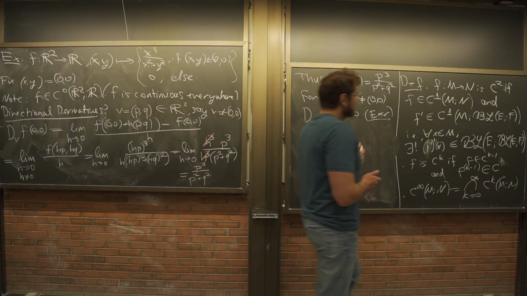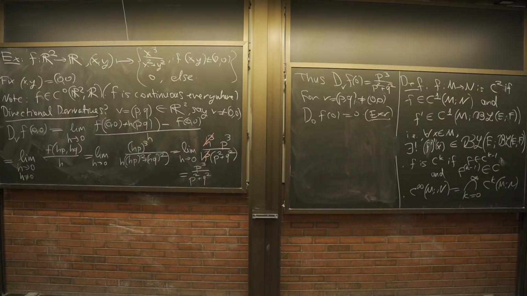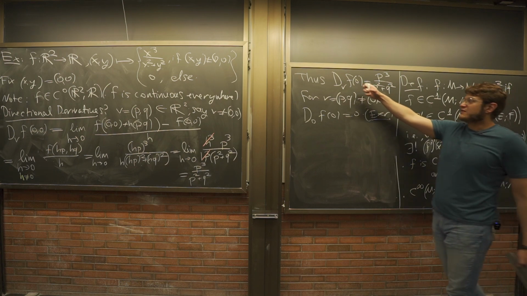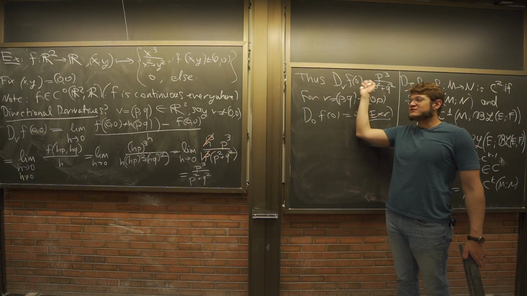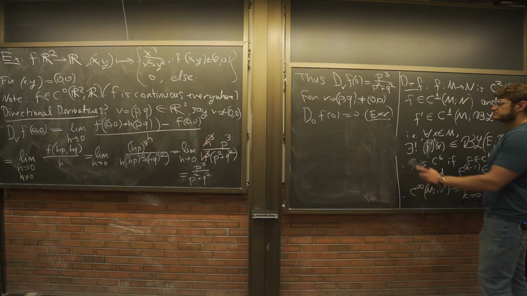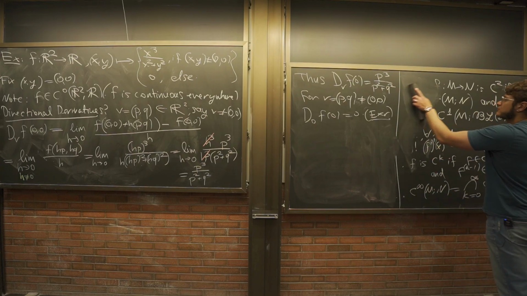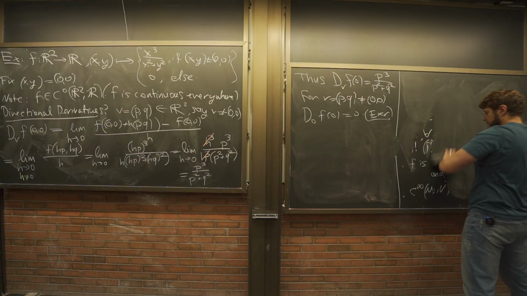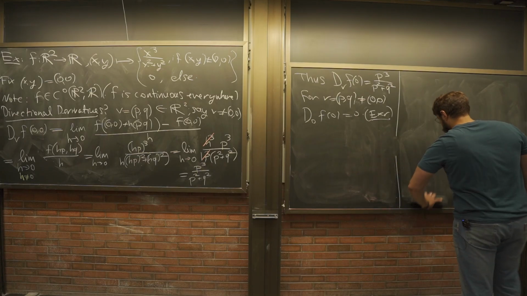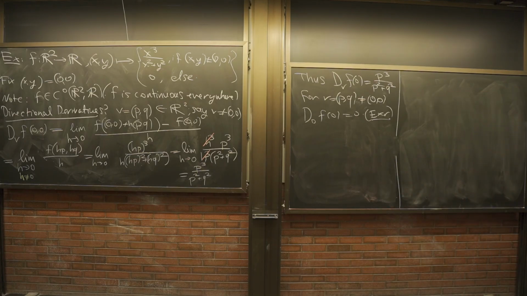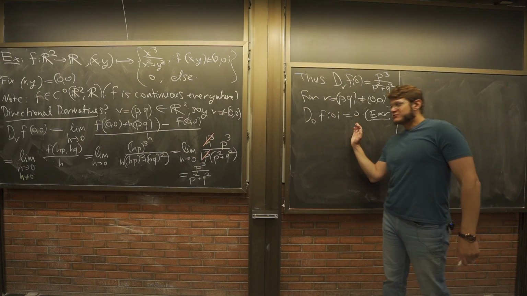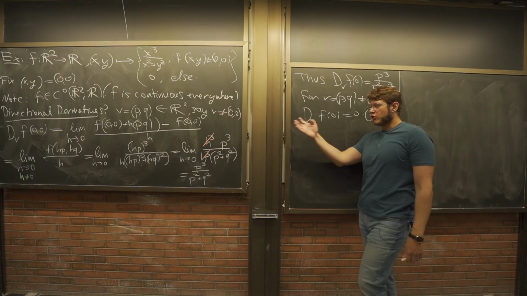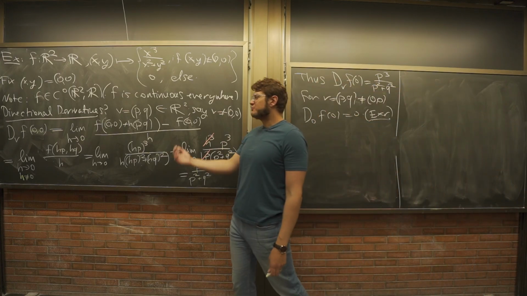Now, I claim that this function, even though all directional derivatives at the origin exist, is not differentiable at the origin. By the way, if all directional derivatives exist, certain partials exist too.